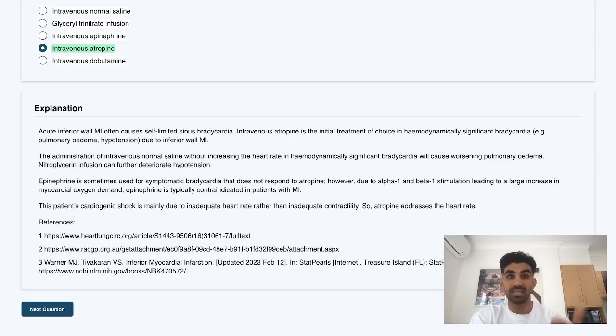They're going to look at STEMIs, NSTEMIs, unstable angina. They're going to look at bradyarrhythmias like sinus bradycardia. They're going to look at AV blocks. They'll look at tachyarrhythmias like atrial fibrillation and supraventricular tachycardia. They'll look at ventricular tachycardia and fibrillation.